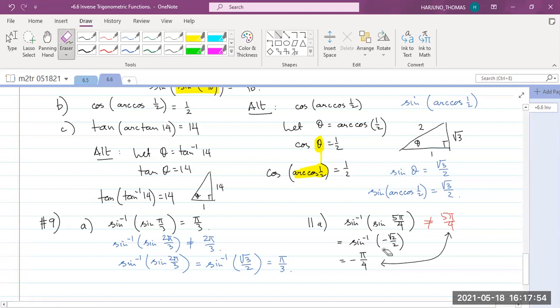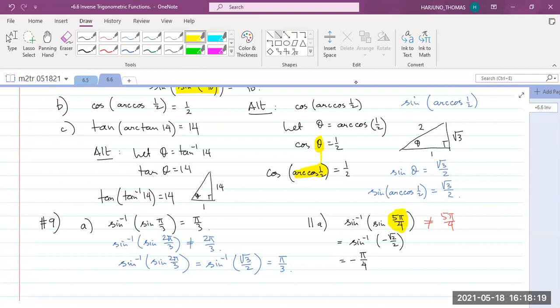Of course, I have to admit there's another way to do that, but I will not share that method on the first day you see this inverse trick. You can think of it this way. What is the reference angle for 5 pi over 4?